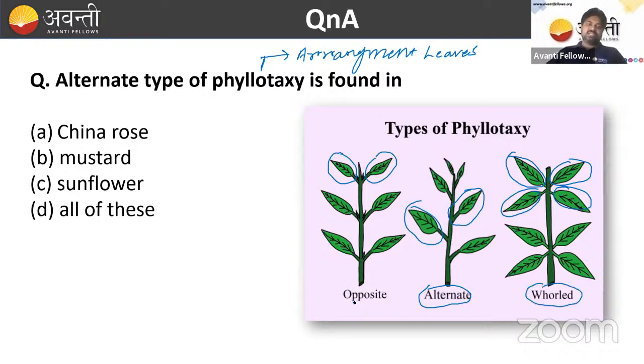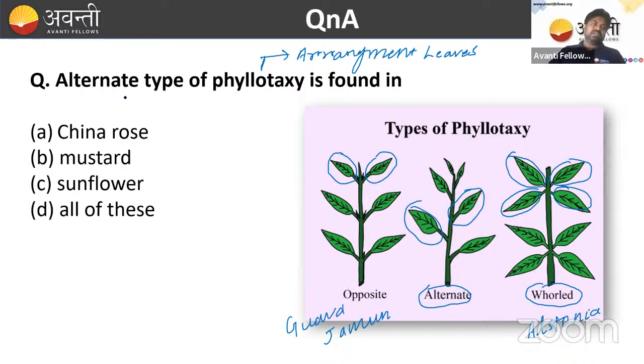Then when we discuss the examples: in case of opposite, guava is an example, and jamun is another example. In case of whorl, Alstonia is the example.